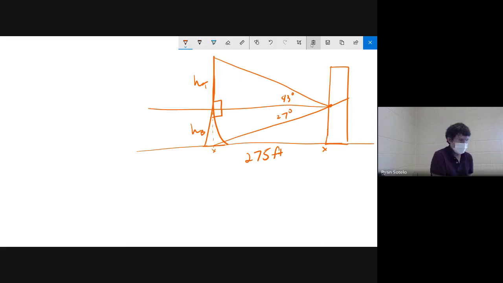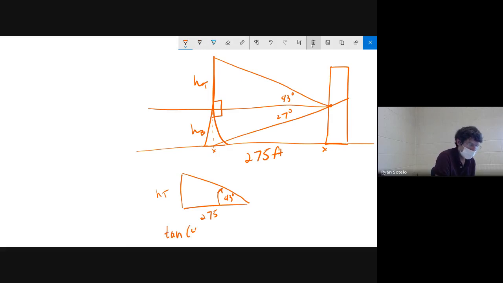So my first triangle: height to the top, 43 degrees, 275. From that angle, I have an opposite side and an adjacent, so I'm going to use tangent. Tangent of 43 degrees is equal to height to the top over 275.